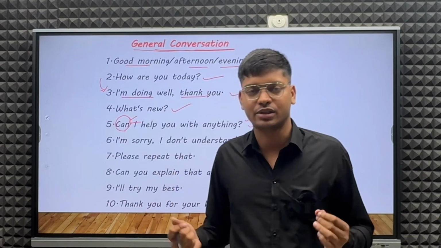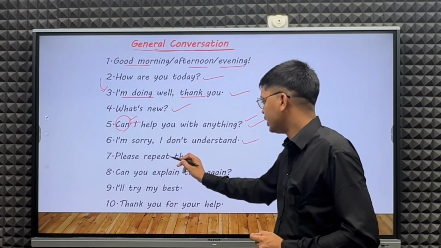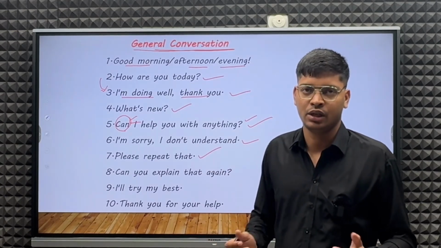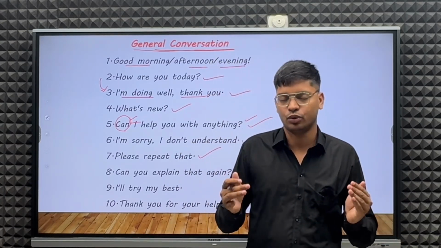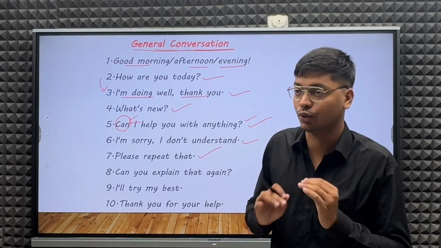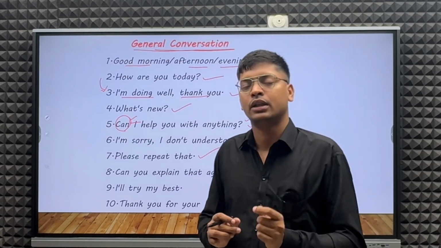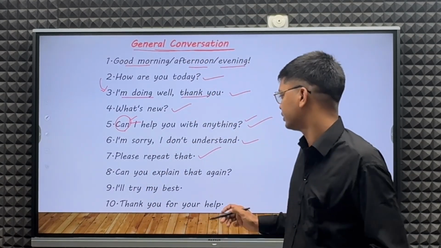This is a very common sentence, and you can also say, please repeat that. If you don't understand anything in this video, you can ask, please repeat that. If you don't understand any special object, in that situation you can ask, please repeat that.